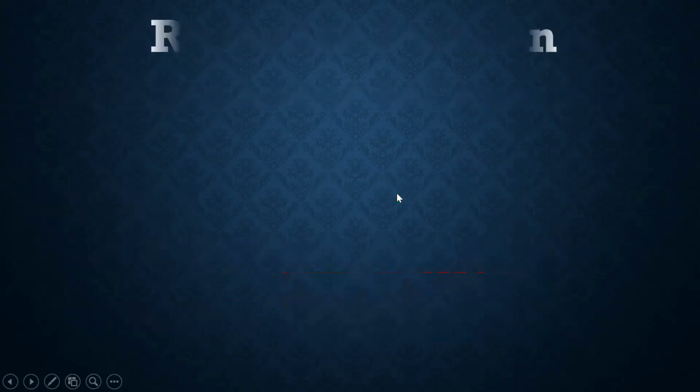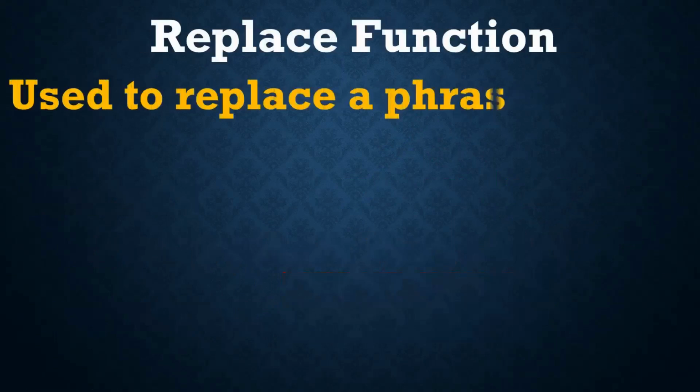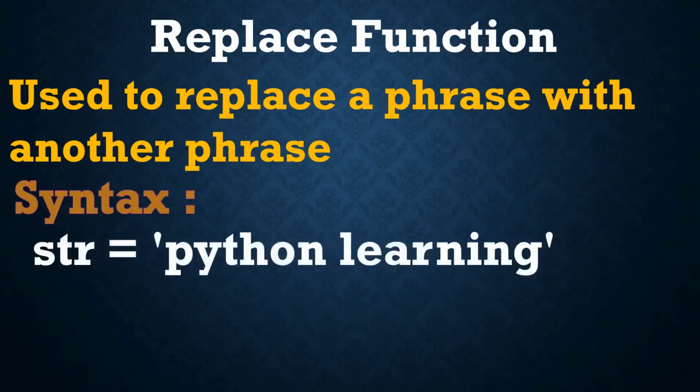Hope this is clear. In a similar fashion, the replace function. So what exactly will the replace function do? These are the day-to-day activities we'll see, as in real-time processes we can work with these functions. It is used to replace a phrase with another phrase. If I want to replace a string with another string, we'll go for the replace function. Okay, the syntax. This is my string, Python learning.